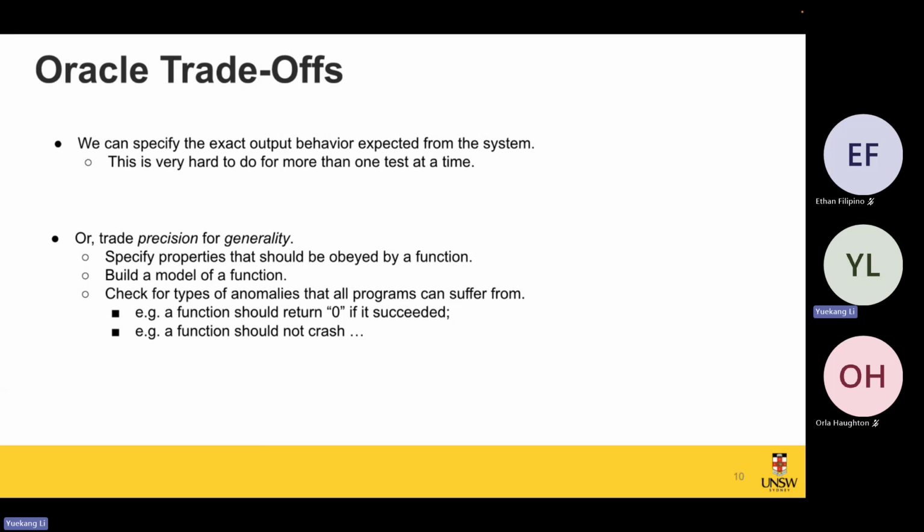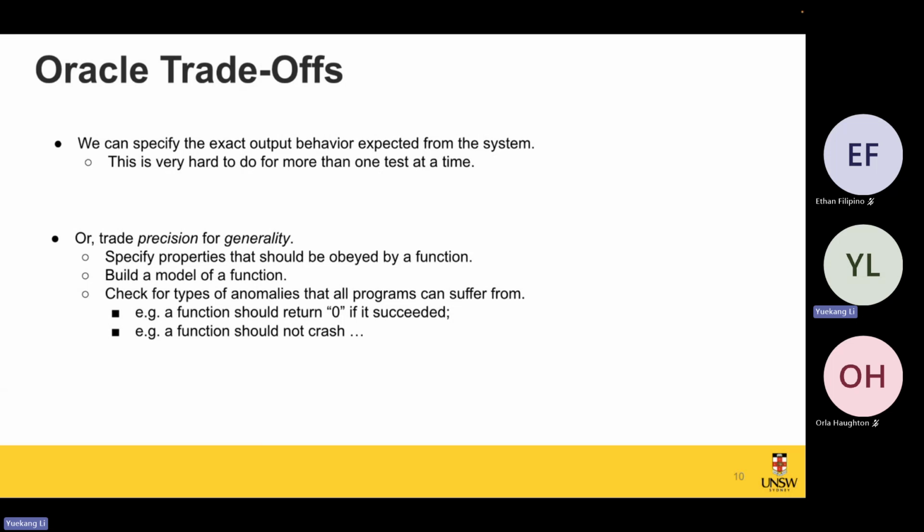In this way, we are not catching some specific bugs. We are not precise, but we are generalized. We don't care about the details. So we can do some trade-offs, but this is a very high-level trade-off.